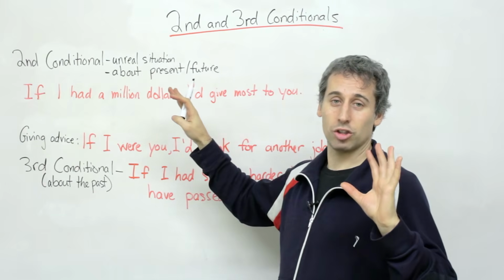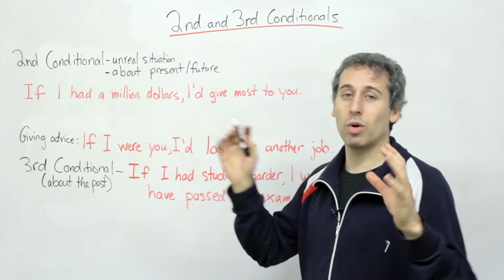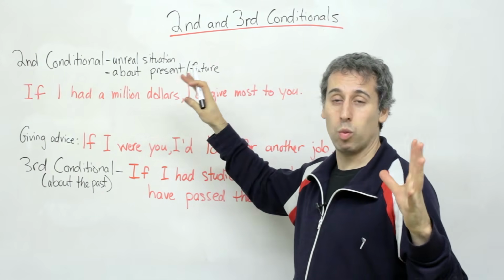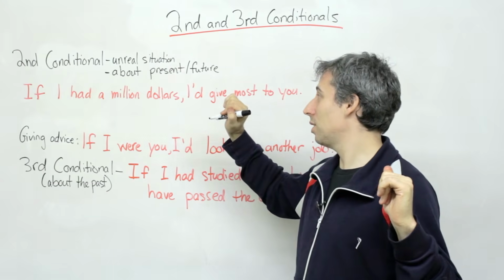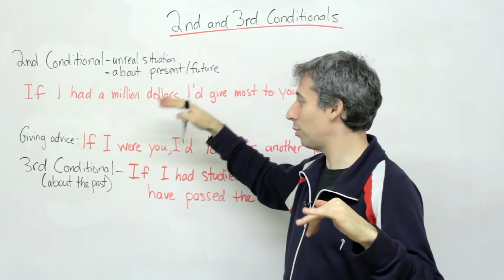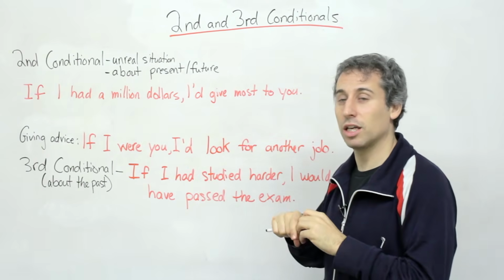So today I'm just going to talk about the second conditional and the third conditional. What we're going to talk about is basically why we use it, when we use it when we're talking about the present or future, and the structure of it. Okay, so let's go through the second conditional.